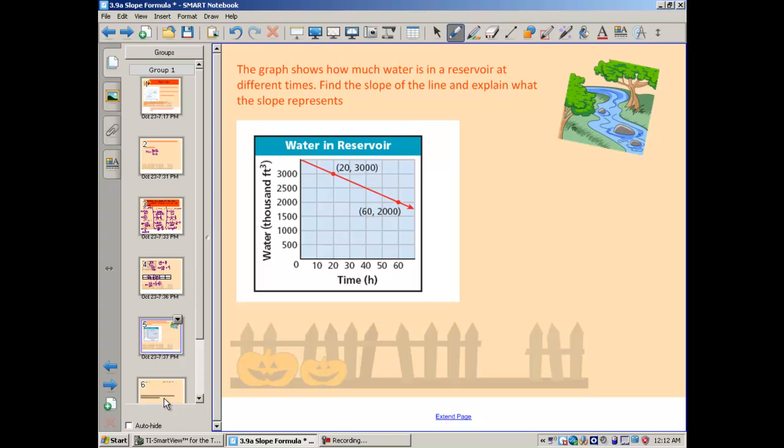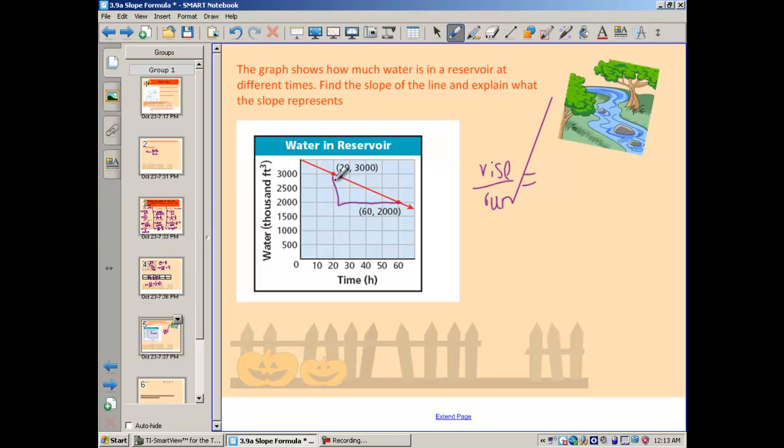Okay, now we have a graph that shows how much water is in a reservoir at different times. We're going to find the slope and then talk about what it means. Let's just do this using the rise over the run. They've given us the graph, and we can just calculate the rise over the run.